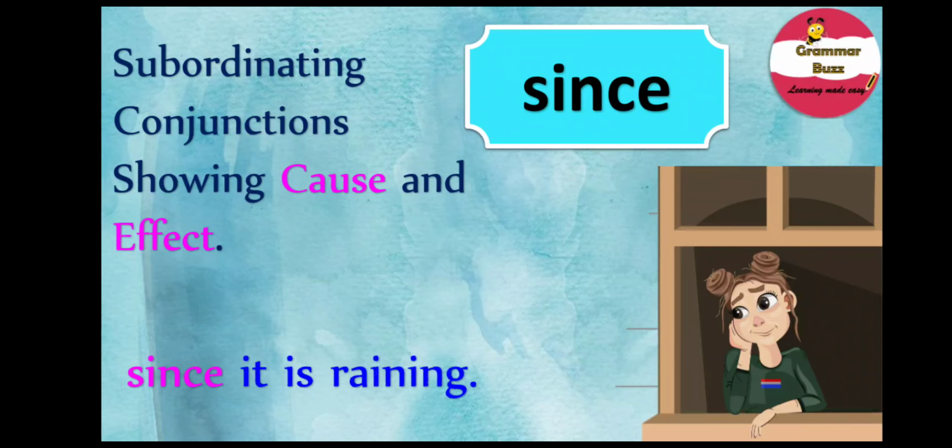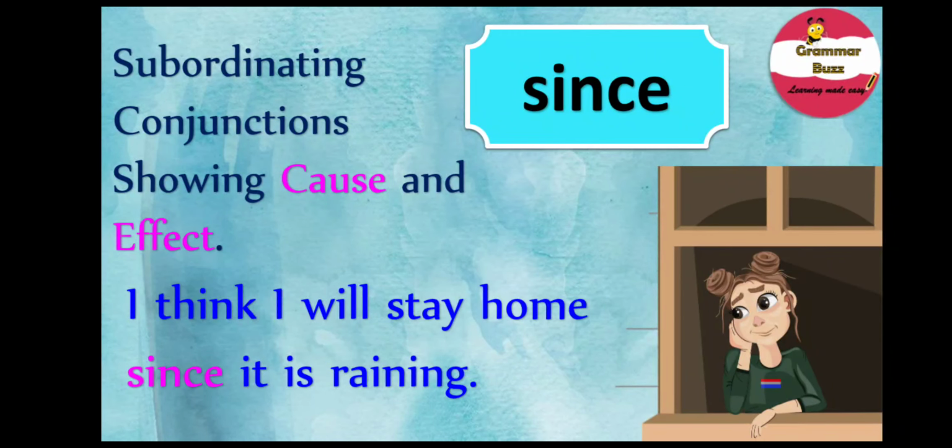This sentence is incomplete. The meaning is not clear. It needs another sentence to complete its meaning. So let us complete its meaning by joining it to an independent sentence. Let's say the sentence is, I think I will stay home.